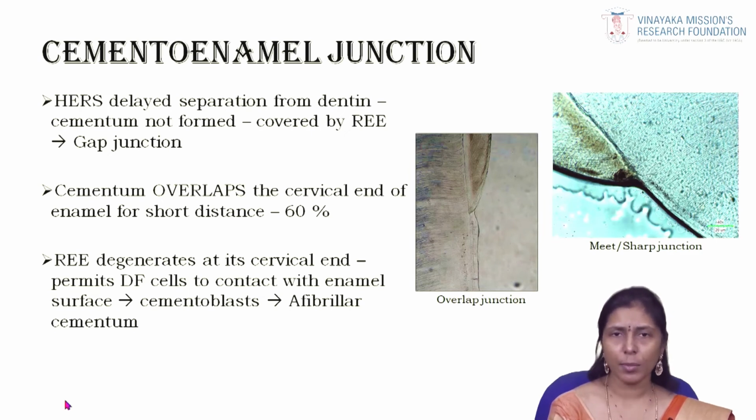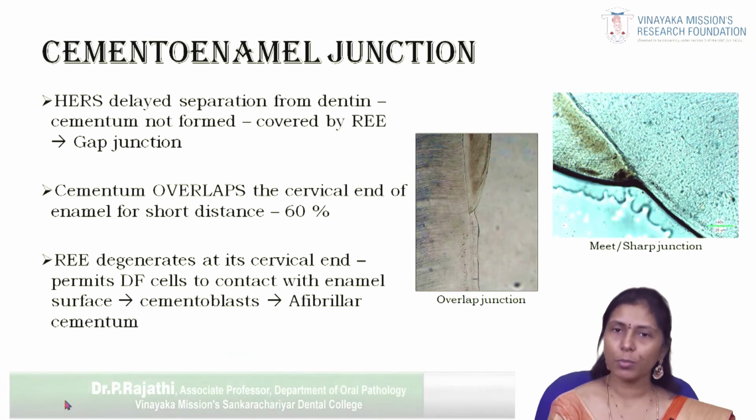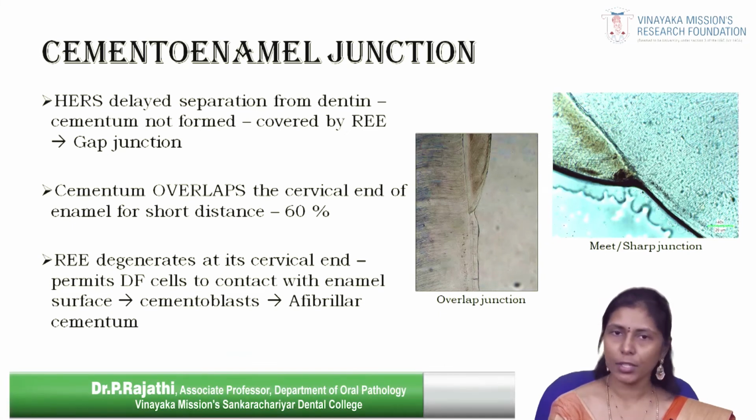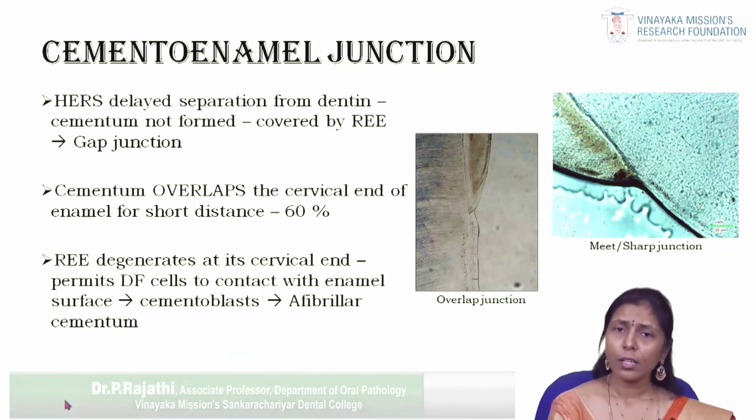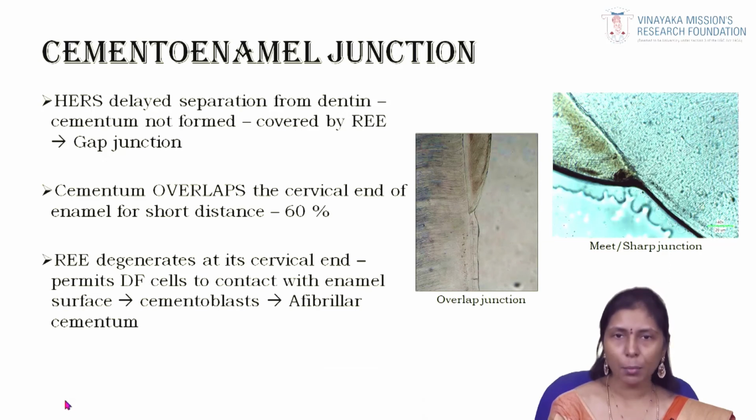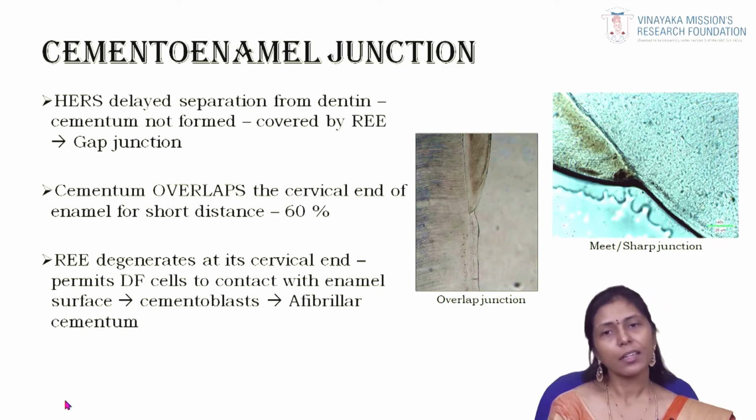This reduced enamel epithelium is going to protect the crown portion of the tooth till it erupts into the oral cavity. During its eruption into the oral cavity, it's going to merge with the gingiva and form the endogingival junction. So, if the reduced enamel epithelium gets detached at the cervical region, the dental follicle cells might come and contact the enamel portion.